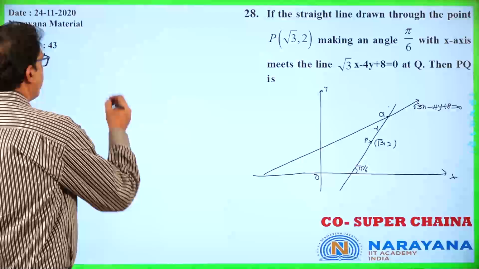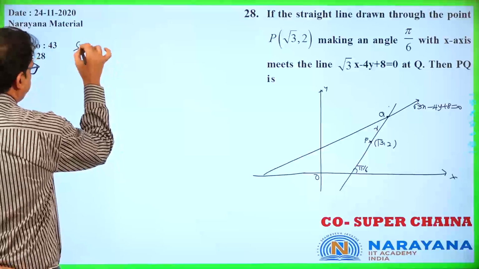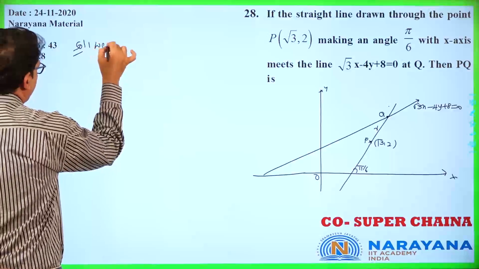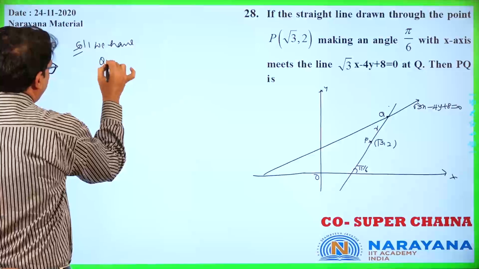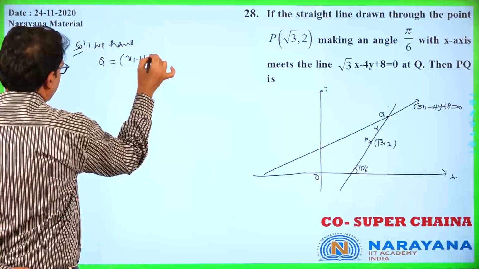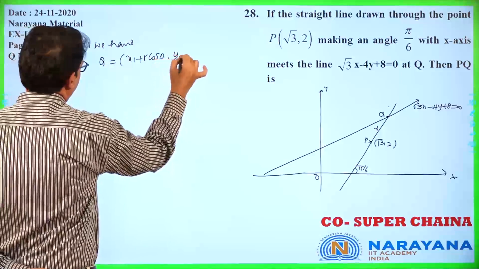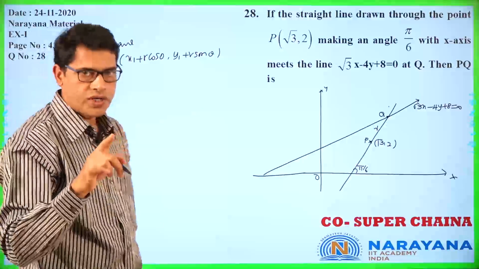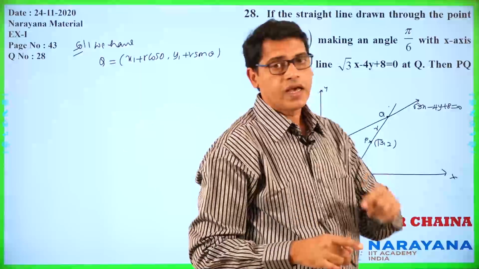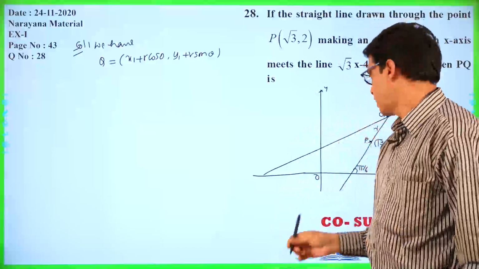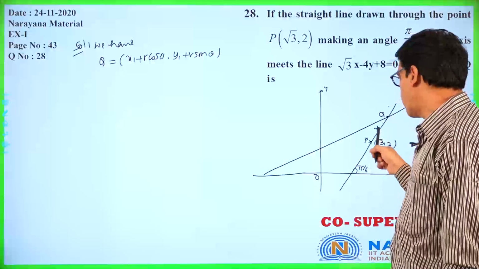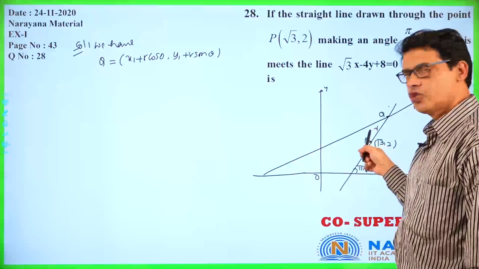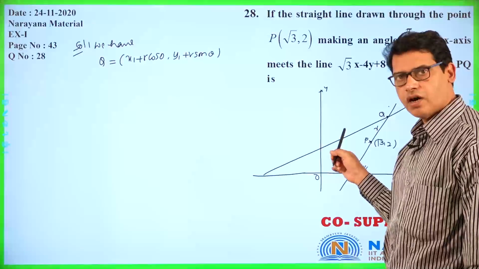So Q equals (x1 + r cos theta, y1 + r sin theta), the point at r units from (x1, y1) having inclination theta. Here theta is there, the point is there, and this length is required. Assume the length PQ as r.